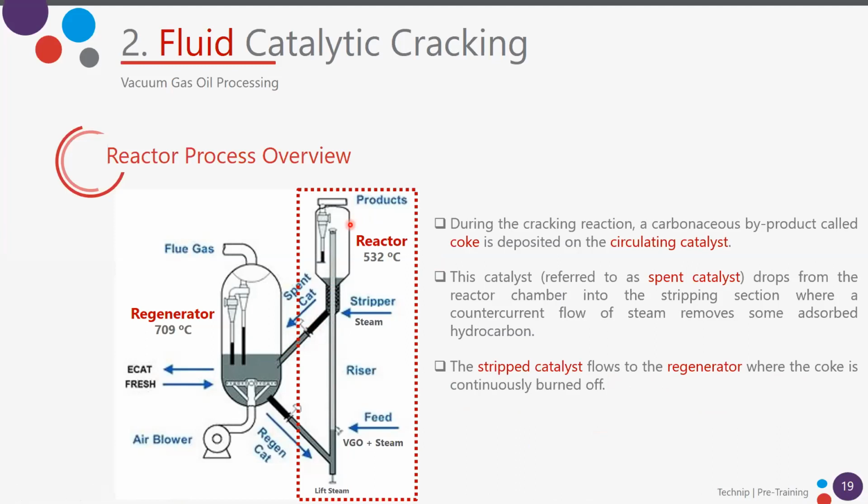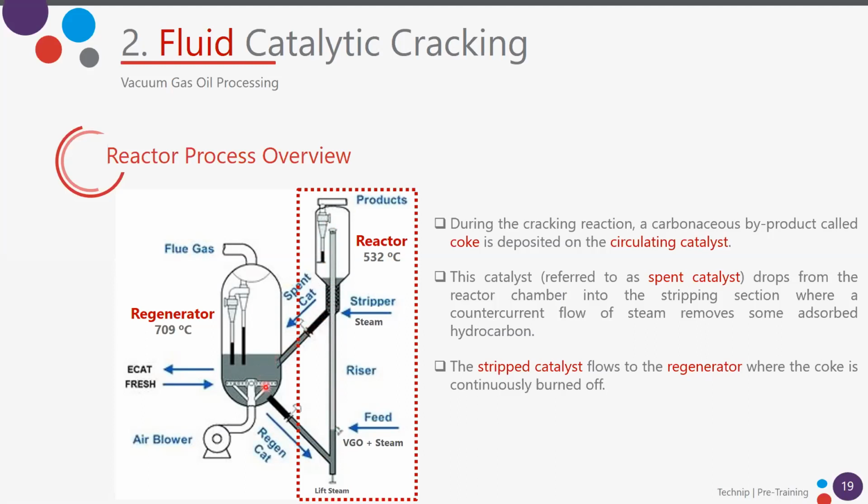So we have seen the reactor. This is the overview of the reactor. You have your regenerated catalyst coming into the reactor, going up with the feedstock. It will separate here, the catalyst will fall here, will go to this stripper to remove the adsorbed hydrocarbon, and will go to the regenerator.